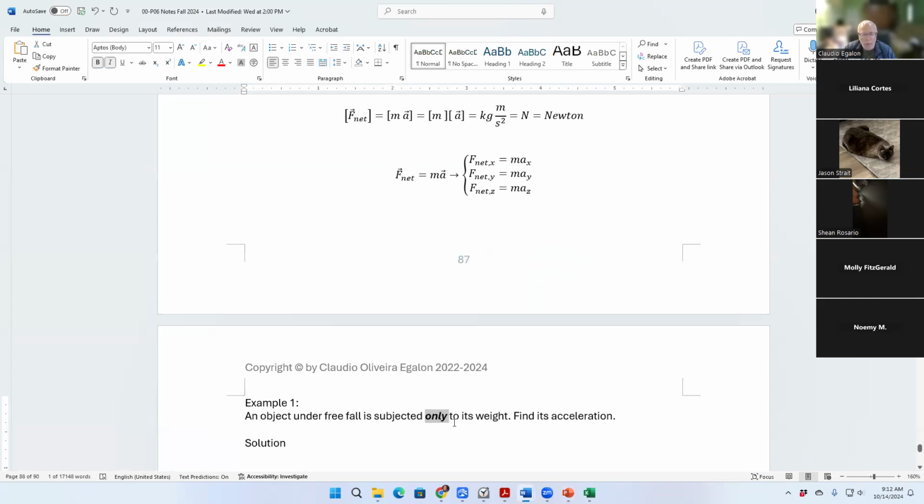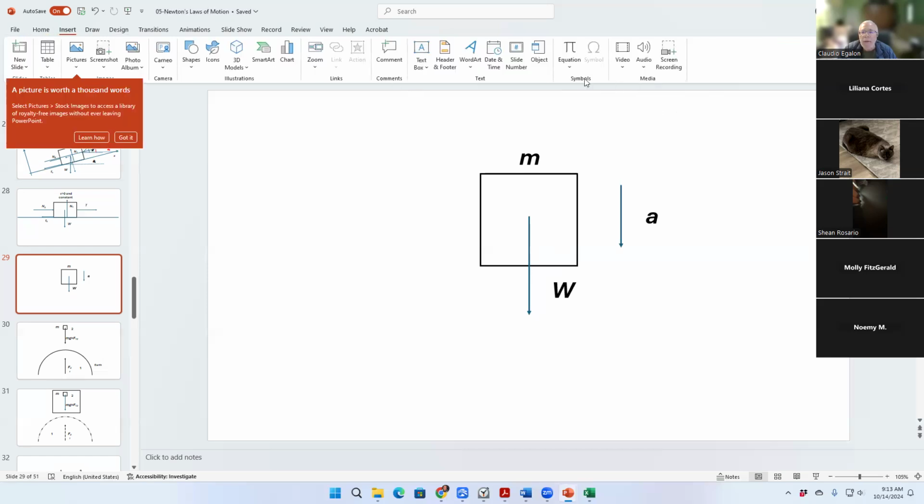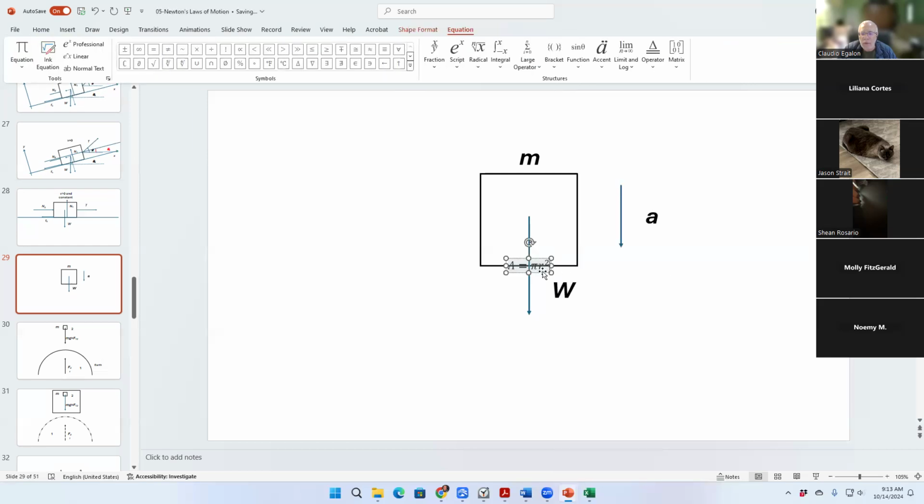The problem is stating that there is only one force being applied to the object. Because there is only one force being applied to the object, what does it mean? It means that this object is subjected also to an acceleration. And by the way, we are better off writing those equations in vectorial format, okay? Here you go. I'm going to write that down here.